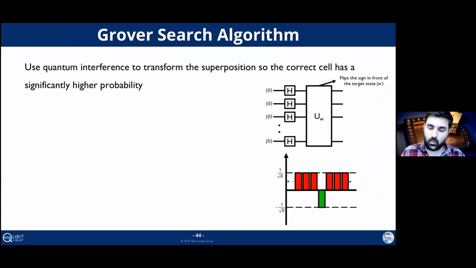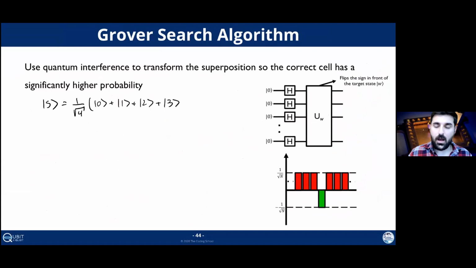Okay, so let's go back to our example. If we start from the equal superposition state S, which was just 1 divided by 4 times 0 plus 1 plus 2 plus 3, I can in a way separate the correct answer from everything else.